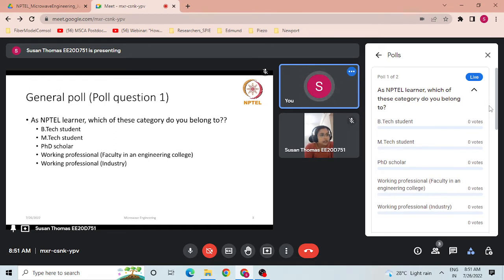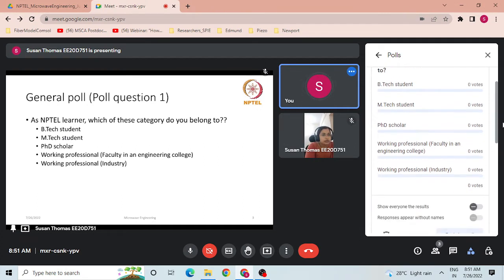I would like to know the audience here. Are you a BTech student, an MTech student, a PhD scholar, a working professional who is a faculty in an engineering college, or a working professional in industry? Please access the poll and let me know which category you belong to.